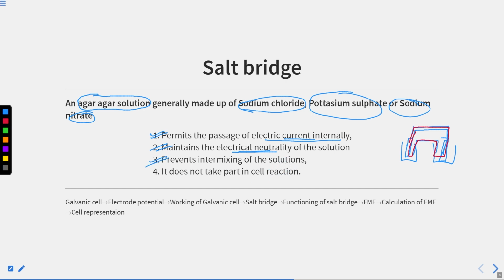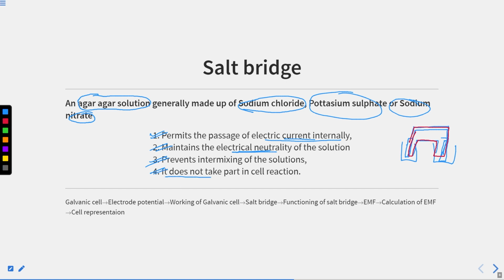Again, if we do not have the salt bridge, we have to keep it in one compartment, and that would mix both our copper sulfate and zinc sulfate, and that will result in a reaction. So it also prevents the intermixing of solutions, and it does not take part in the cell reaction.